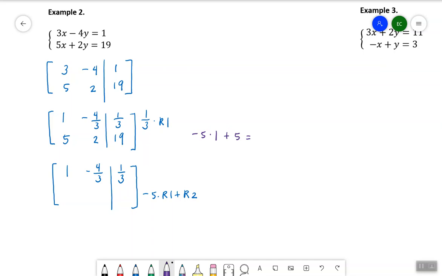That's the first entry. We can go ahead and write 0 there, and we can put a 0 in our matrix. Then we're going to do the same thing for the other columns. So -5 times -4/3 plus 2. This is a good time to be comfortable with multiplying and adding fractions.